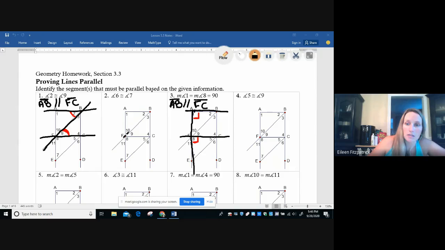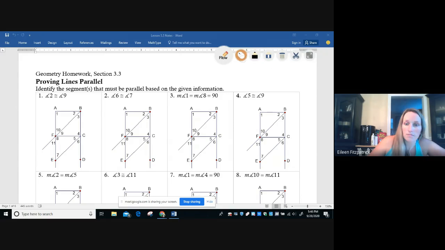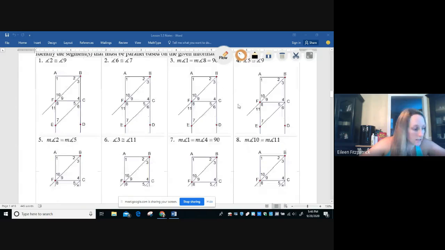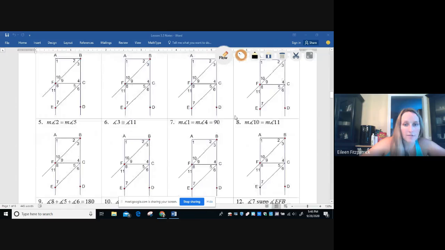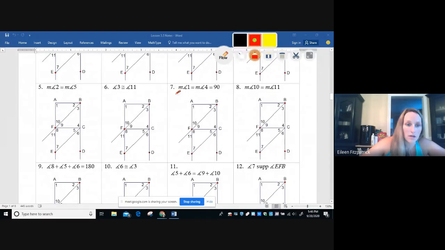Okay, let's do another one. Let's do number 5. Show you something else. So number 5, you're told that angle 2 and angle 5 are congruent, all right? What are the sides of angle 2? Here and here. What are the sides of angle 5?